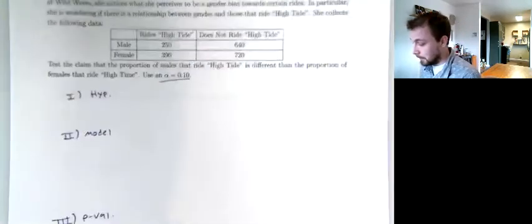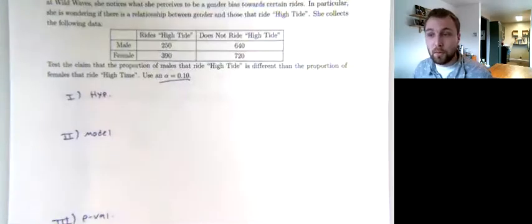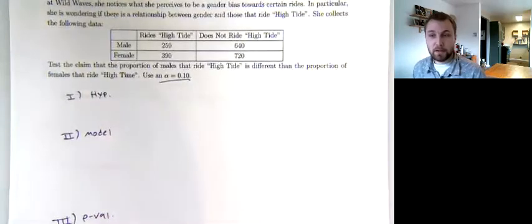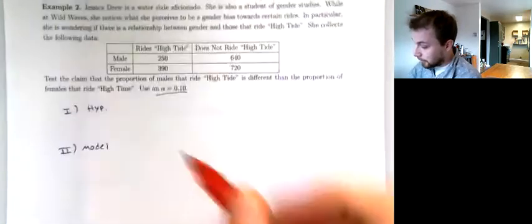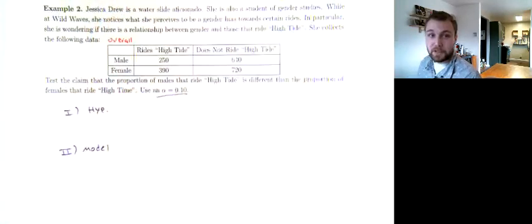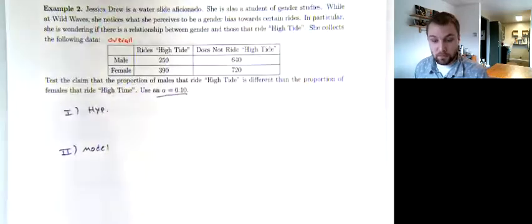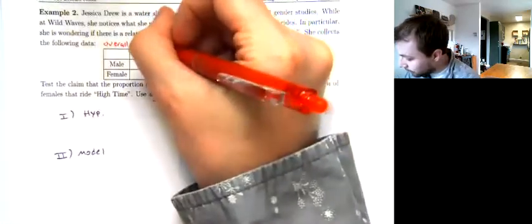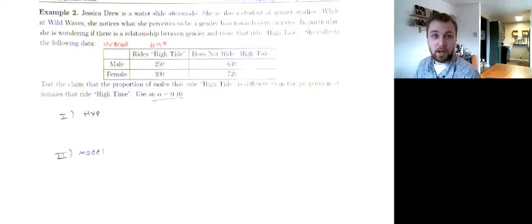Okay. And before I do a lot more than just set up the framework here, I also want to visualize what it would look like if I did not see gender. If I did not see gender, I'm going to have just an overall number of people that either did the ride or did not do the ride. So adding these 250 and the 390 together, I see that 640 people rode high tide.